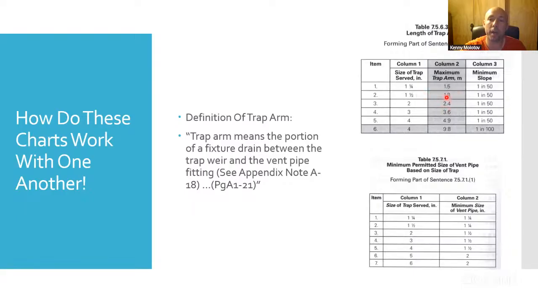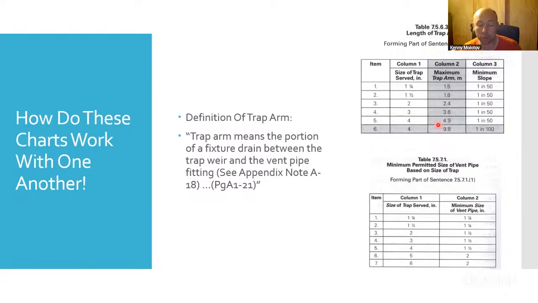For a 2-inch trap it is 2.4 meters, then 3.6, 4.9, 9.8. There are two different 4 inches, and depending on what slope you give it, either a quarter of an inch or an eighth of an inch per foot, you can run a different length on the trap arm. That's just something to keep in mind.